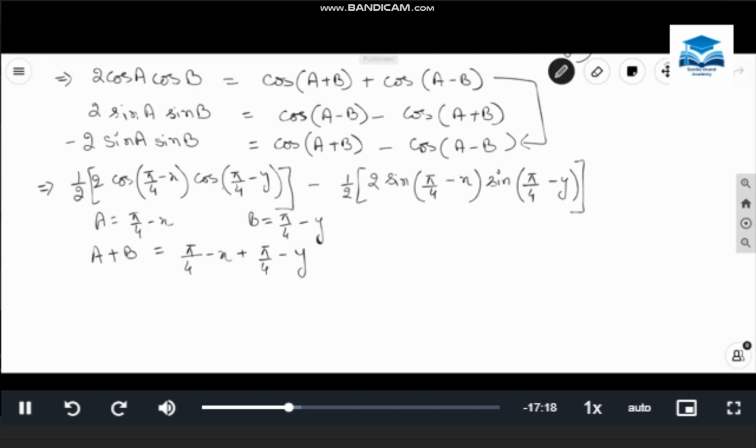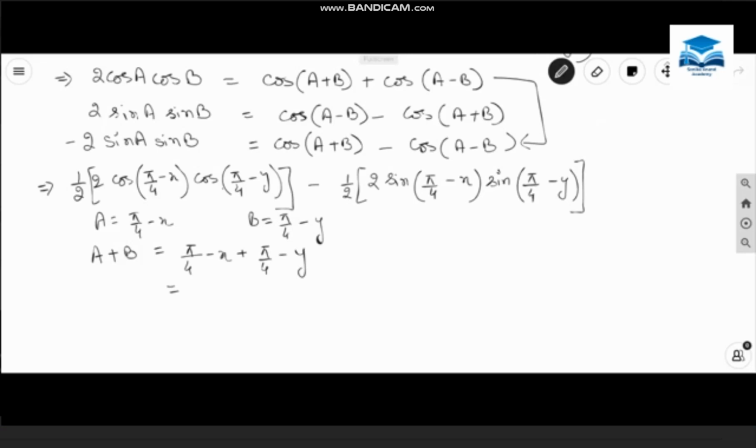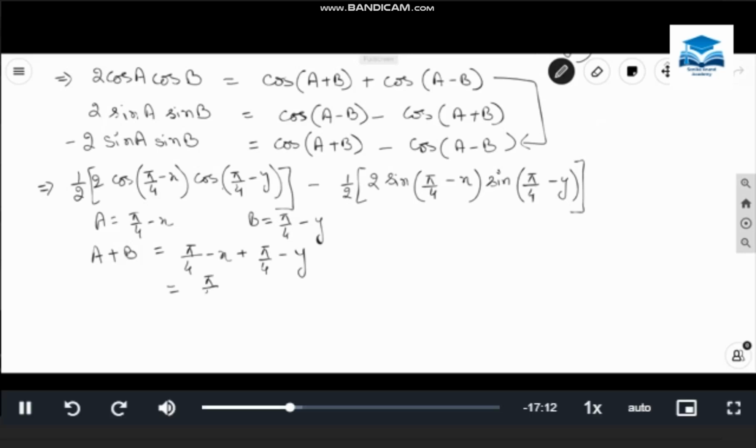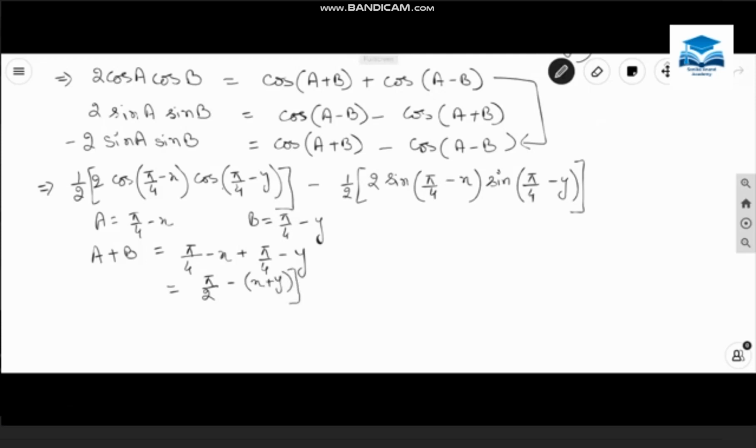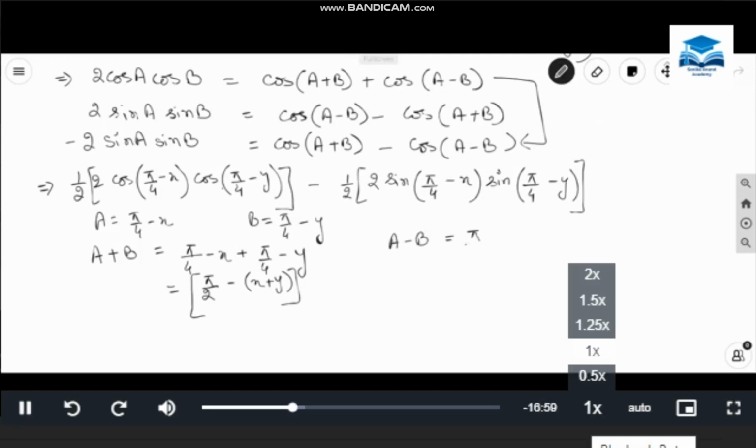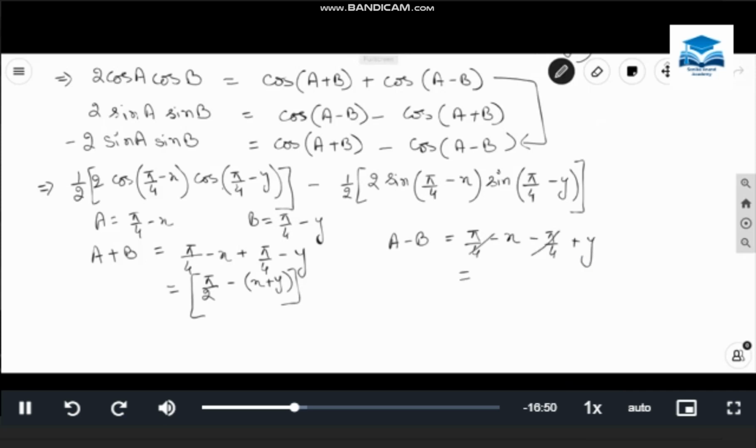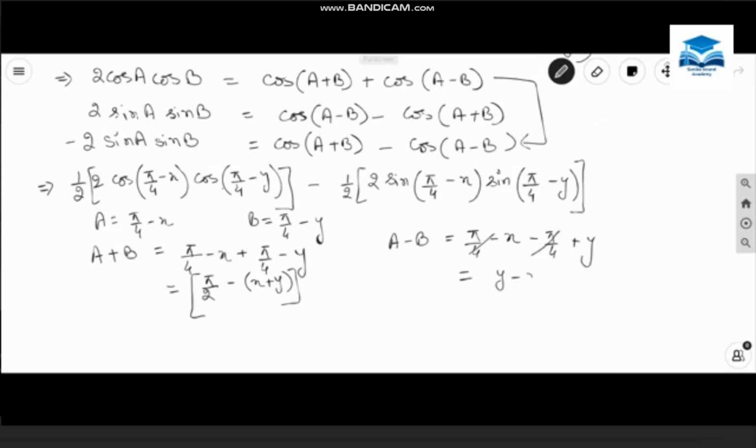Okay. So from here we get, when we add these two, we get what? Pi by 2 minus x plus y. Understood? Now A minus B. Pi by 4 minus x minus pi by 4 plus y. Let us get cancelled and we get y minus x.